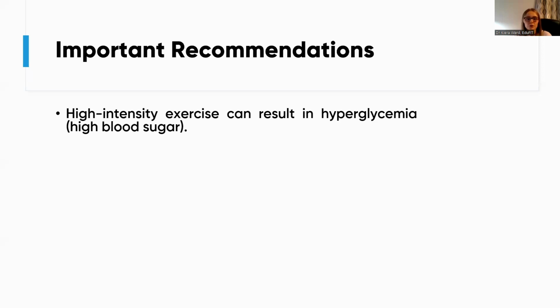So there is no need to be in the high intensity zone if you have type 2 diabetes. And if you are experiencing this, we would really recommend that you reduce the time and intensity of exercise you're engaging in. And if you're unsure of where you are in terms of intensity, please go back to the first workshop that we did on exercise intensity.